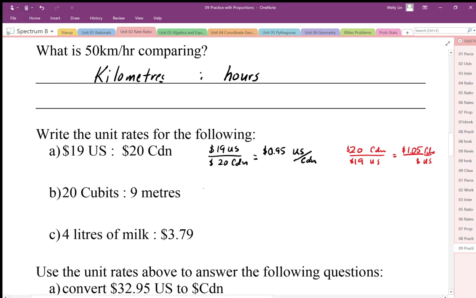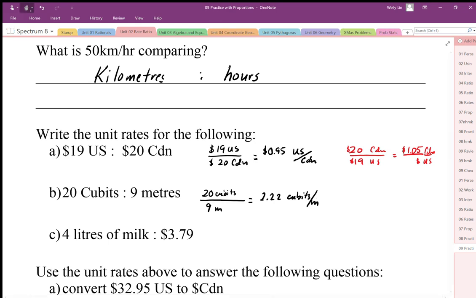So here we can do cubits to meters. So cubits is a really ancient measurement of length. Okay, and you'll find it referenced in like the Bible or something like that. So if we find out the unit rate, we want to divide. Okay, we end up with 2.22 repeating. So this is 2.22 cubits per meter.